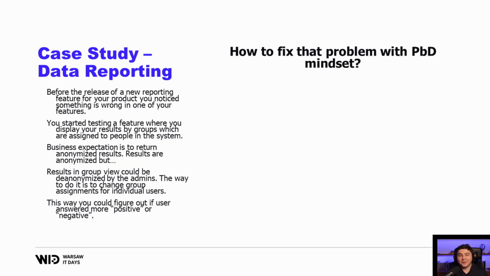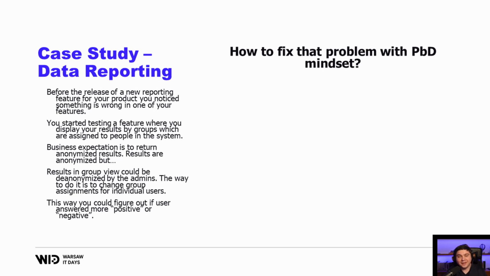Let's get to our case study. So, let's imagine that you have a system which is focused on the data reporting. And before the release of a new reporting feature for your product, you notice something is wrong with one of your main features.